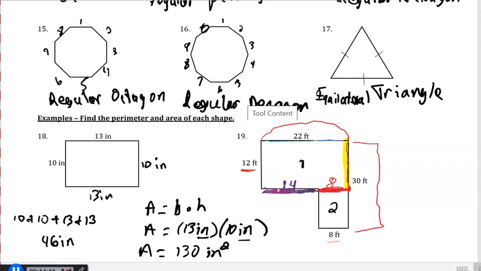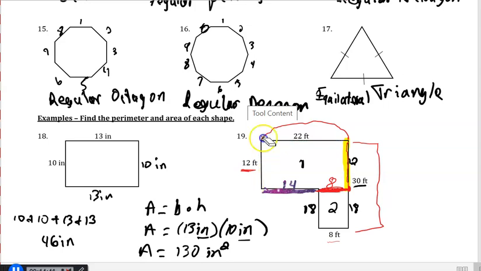Here to here has to be the same as here to here, so this here has to be 12 feet. And since this is 12, that would make this guy 18, so that 12 and 18 add up to this total of 30. Then we can come back over here and say that that also has to be 18. So by doing that, we can come up with all the sides and lengths that we need.